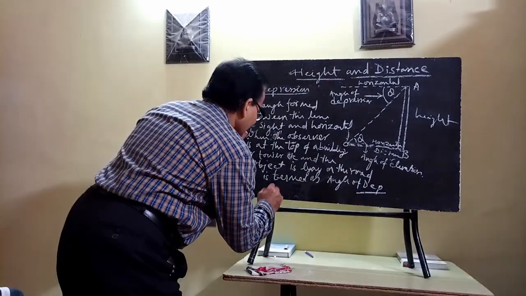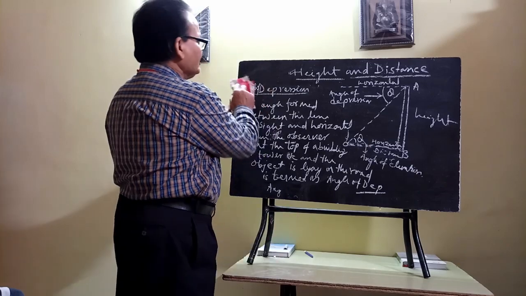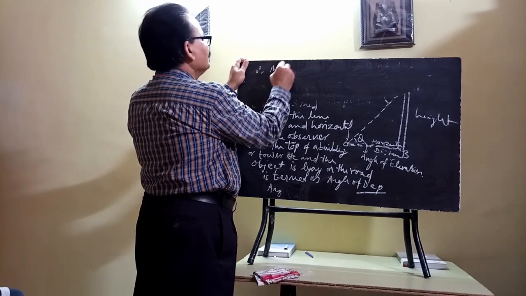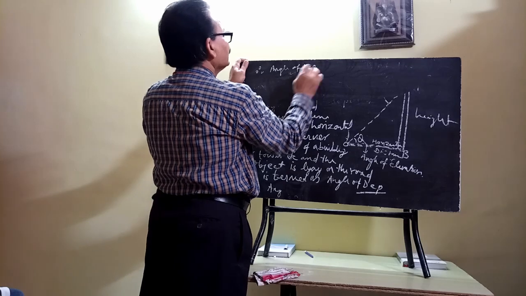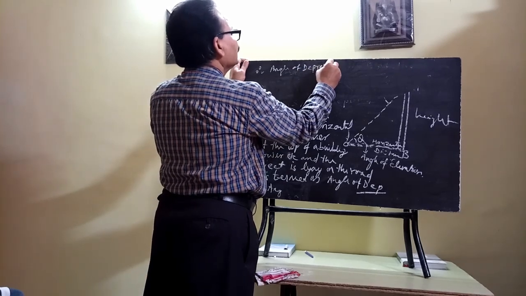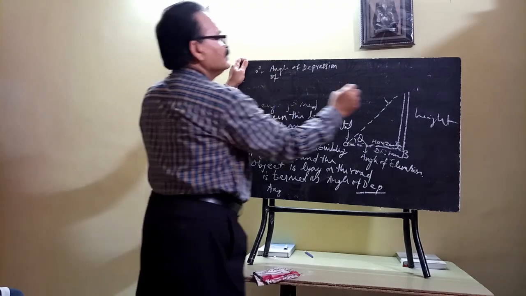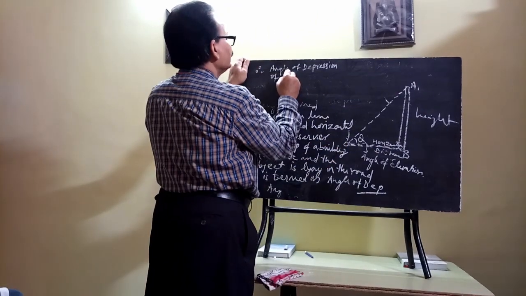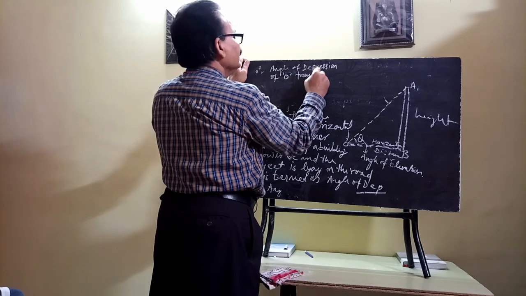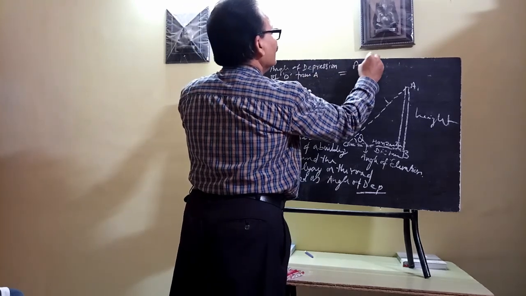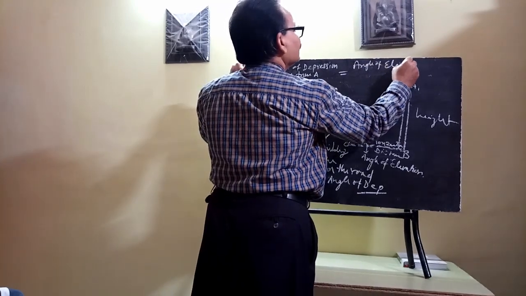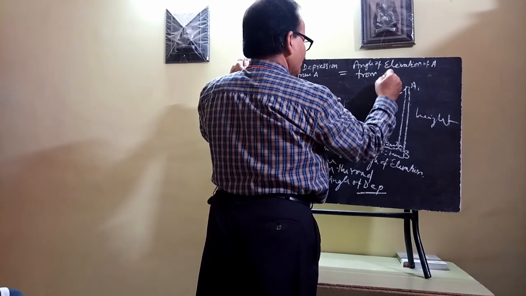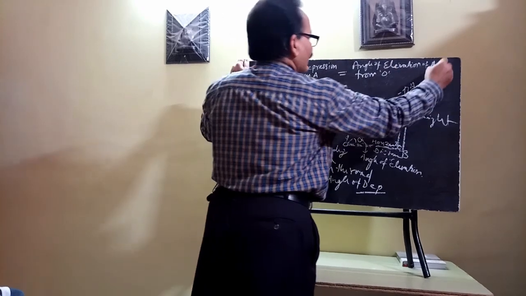So therefore we can write: angle of depression of O from A must be equal to angle of elevation of A from O. Why are these equal?